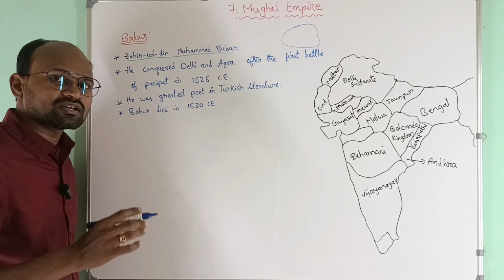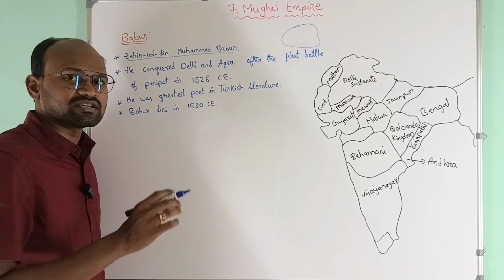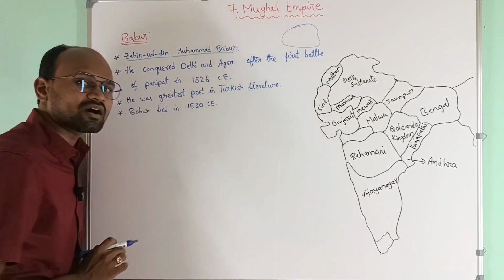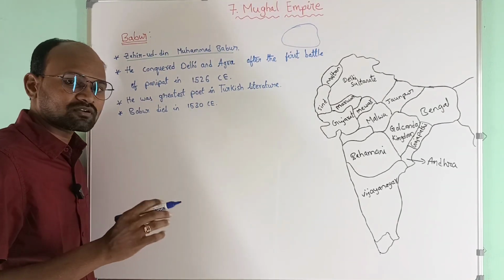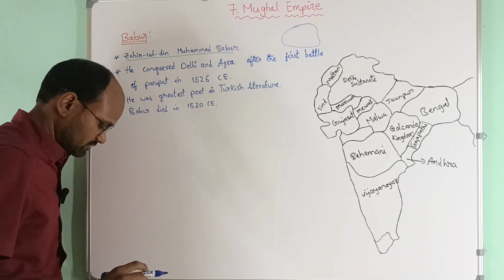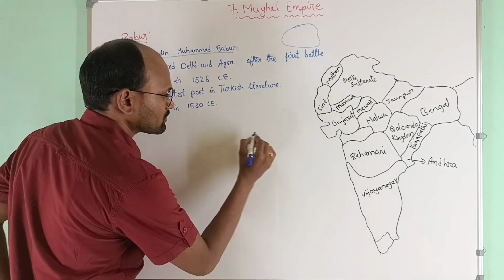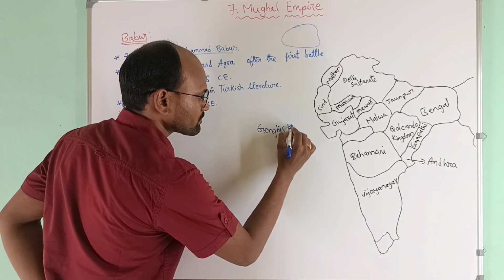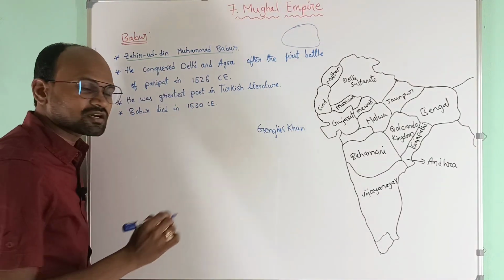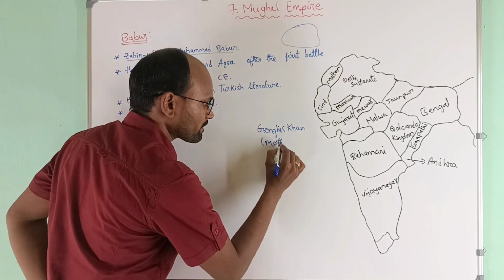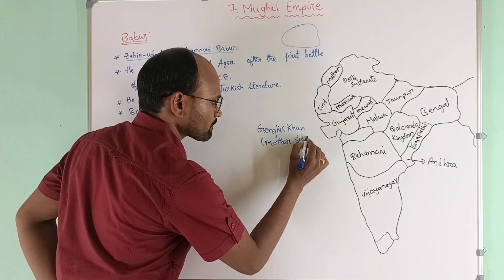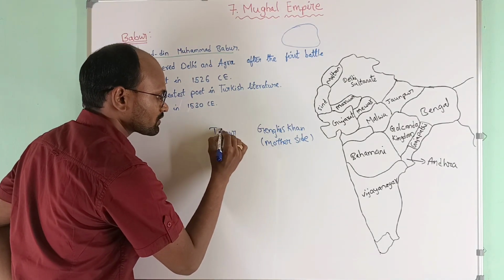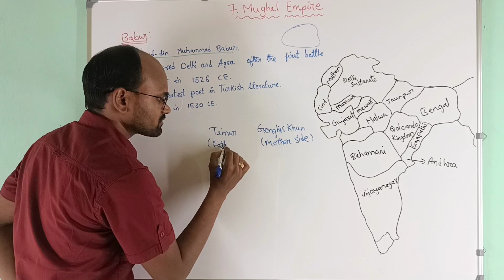Babur was the descendant of two families, one from the mother side and one from the father side. He was a descendant of Genghis Khan from the mother side and of Timur from the father side.